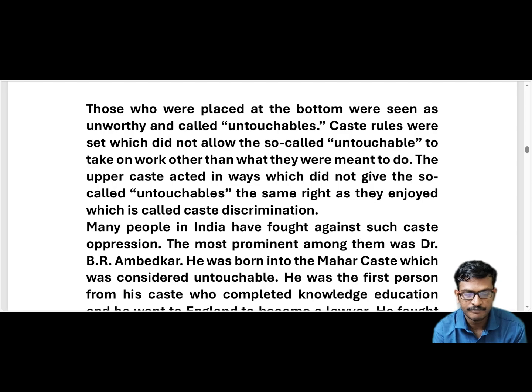He was the first person from his caste who completed higher education and went to England to become a lawyer.